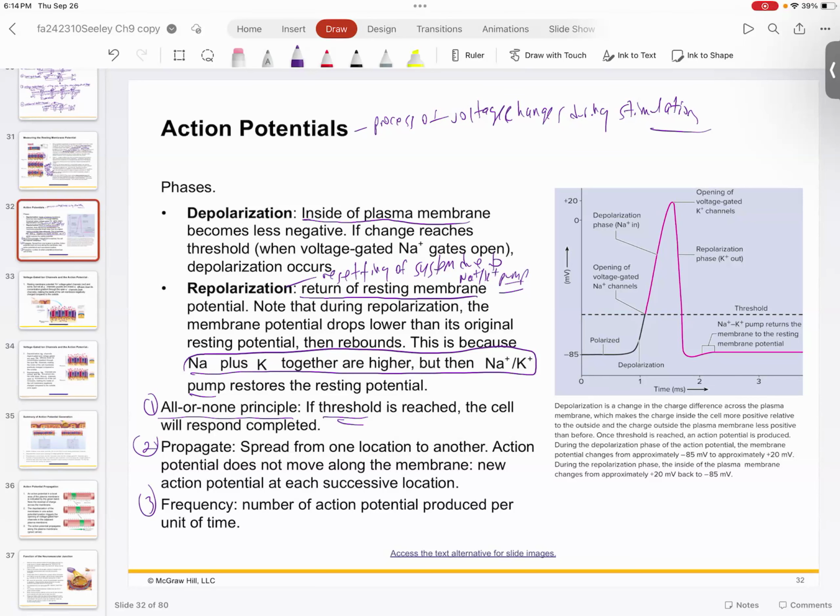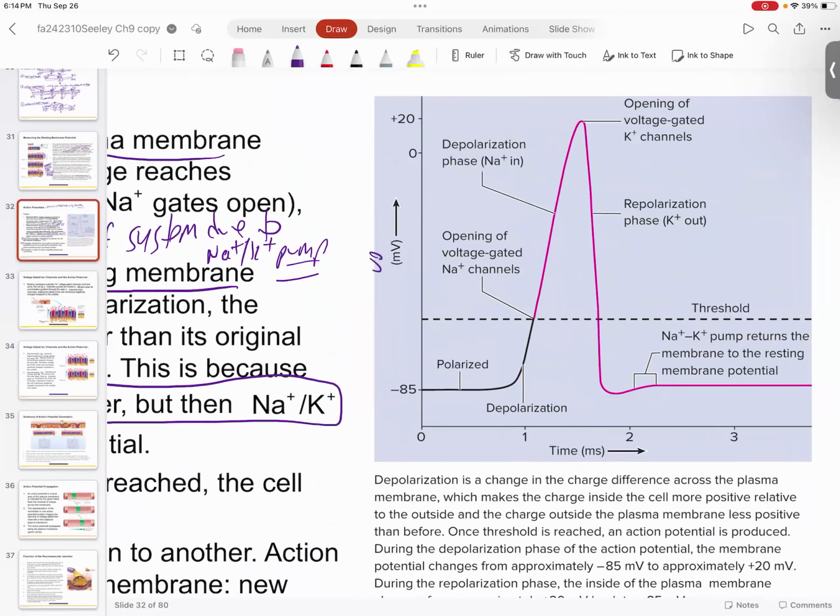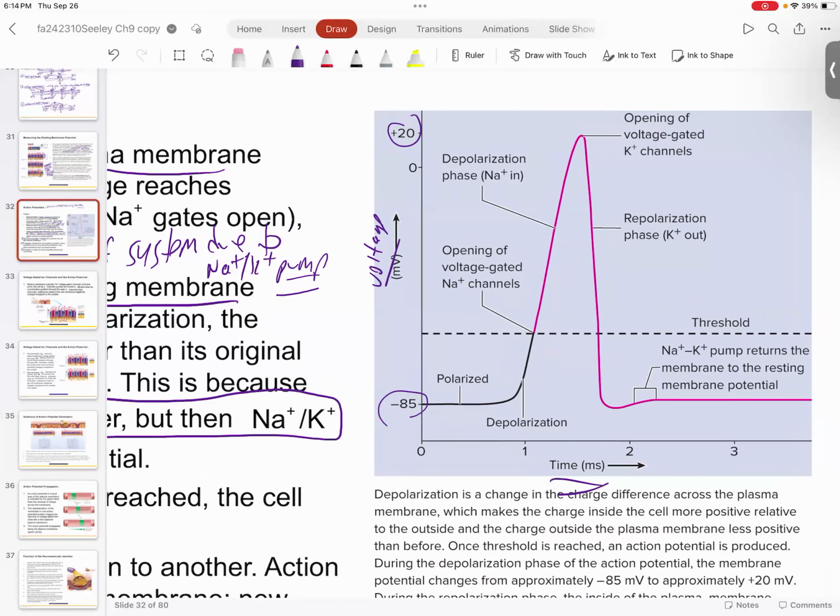And so when you take a look at a voltage graph, this is basically plotting your voltage over time of your action potential, on a scale from minus 85 millivolts to plus 20 millivolts. So what you have here is your resting membrane potential.